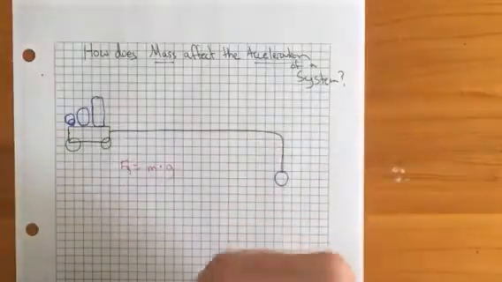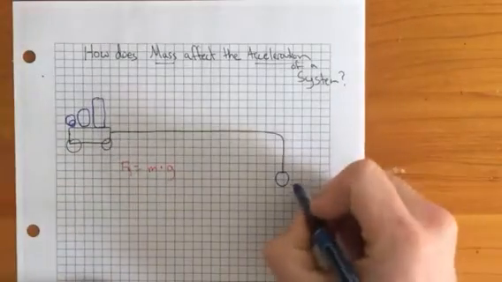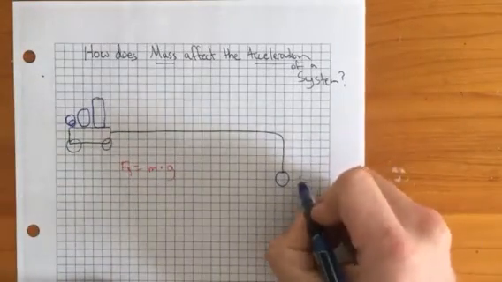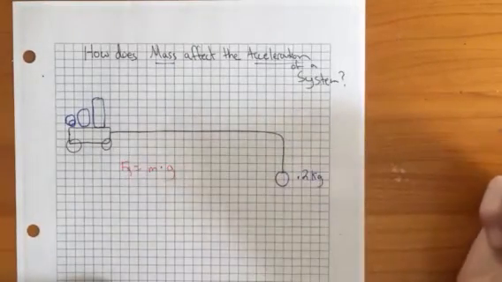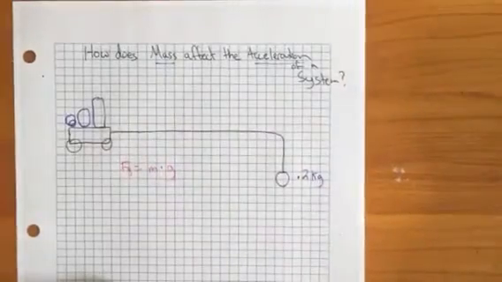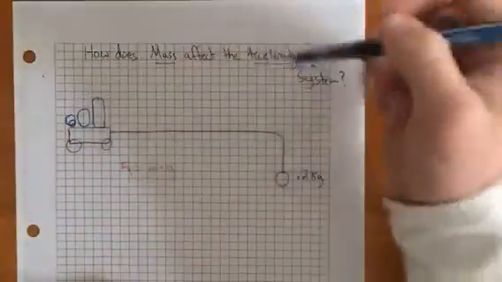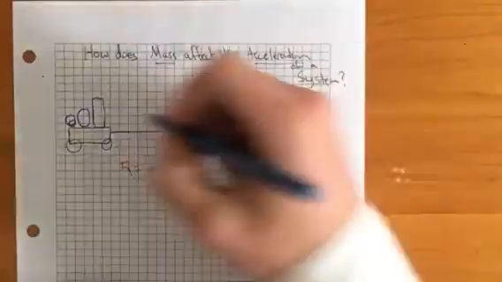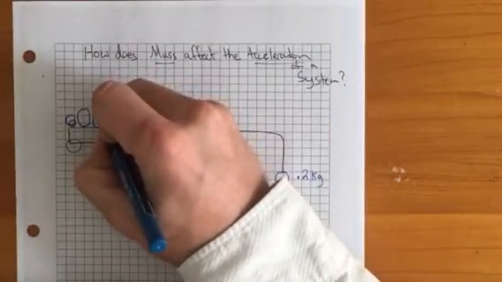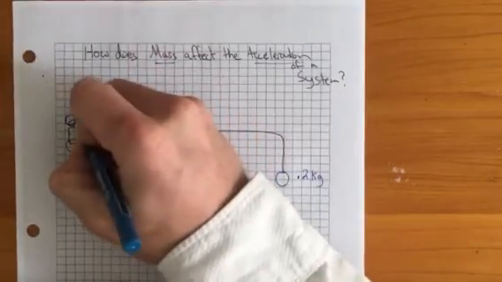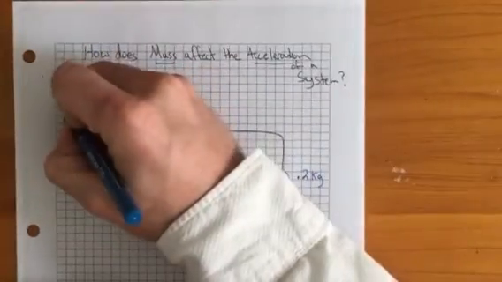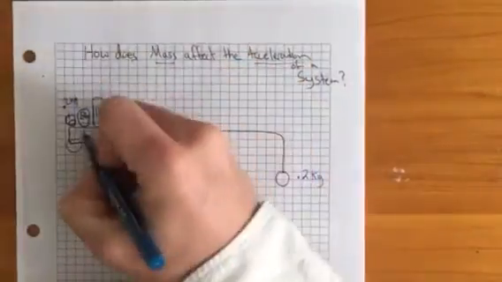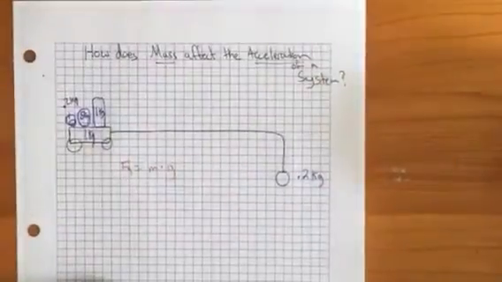Well, say that this mass here was around 200 grams or 0.2 kilograms, a little bit more than those little brass masses. This is 0.2 kilograms, not 0.02. Now, we have some masses here on the cart. Say this is like 1 kilogram. This one here is 0.5 kilograms. This one here is the same as that one, a 0.2 kilogram mass. And the cart, we'll say that's 1 kilogram.